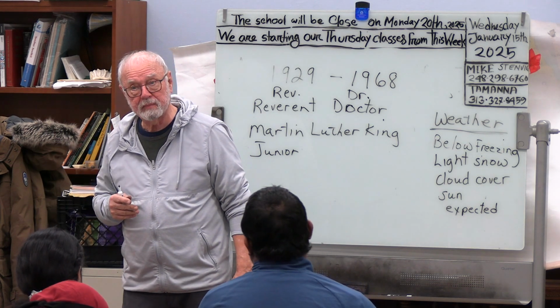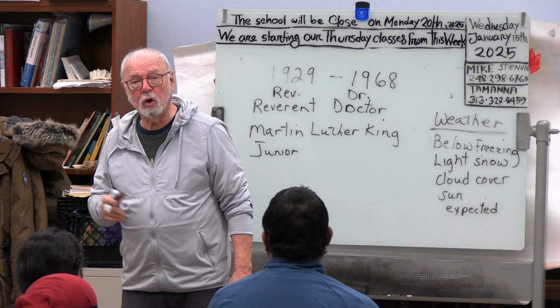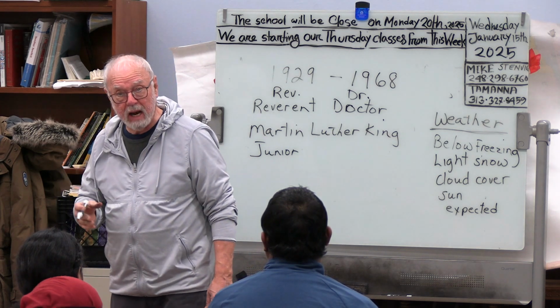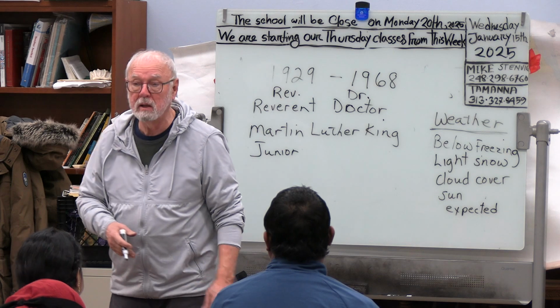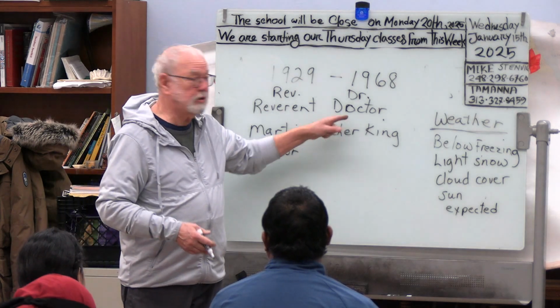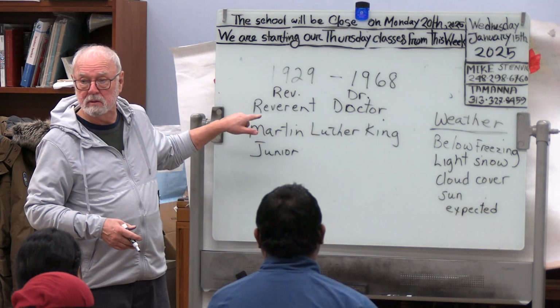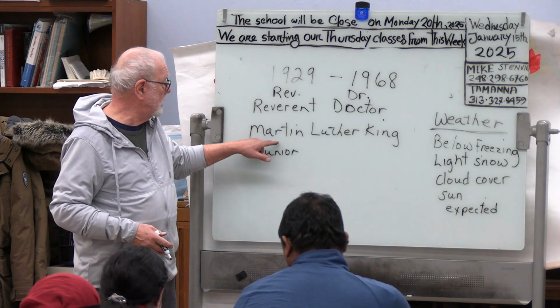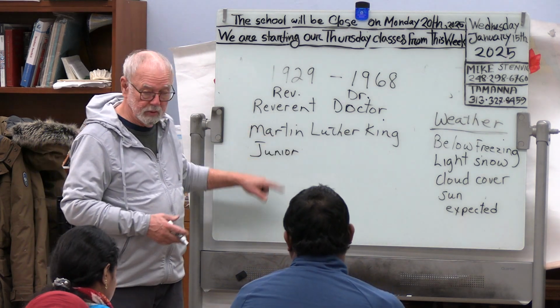It's both. So when you go to your doctor for medicine, that person has a doctor of medicine. This man had a doctor of religion. That's how he got his title. So, Dr. Martin Luther King Jr.